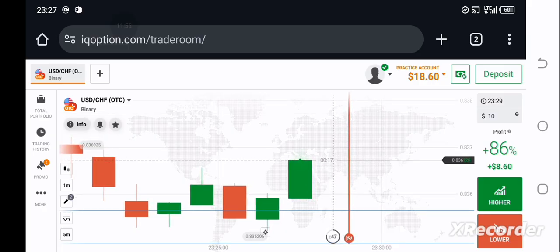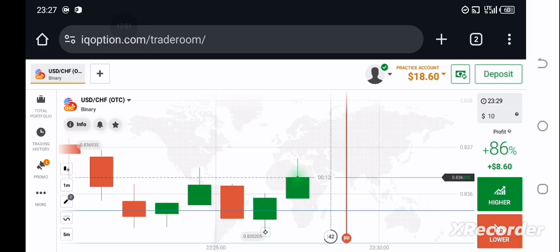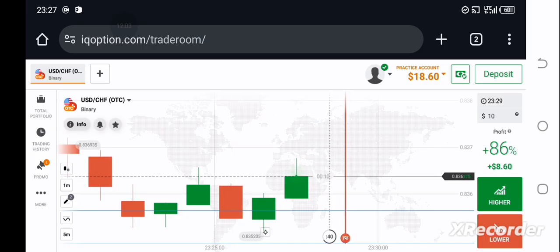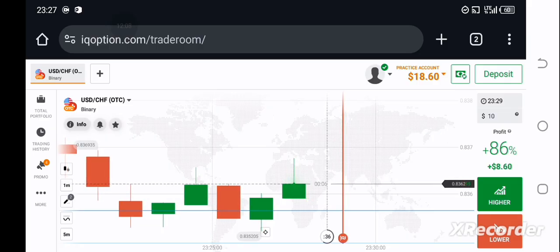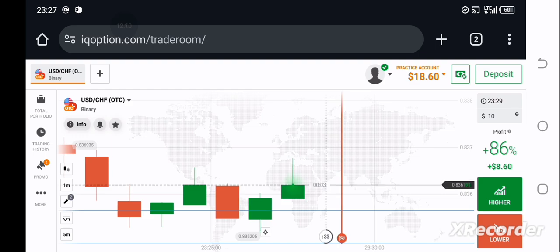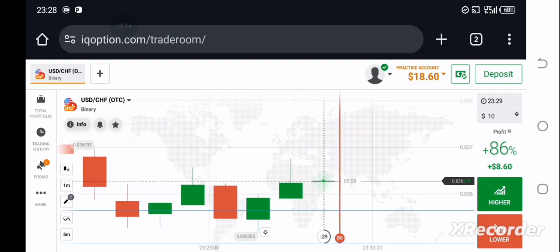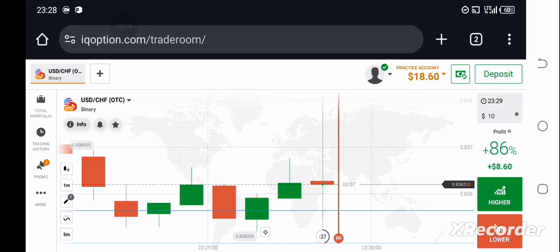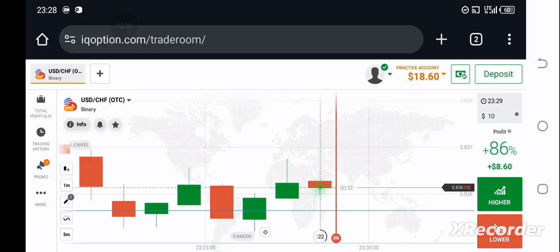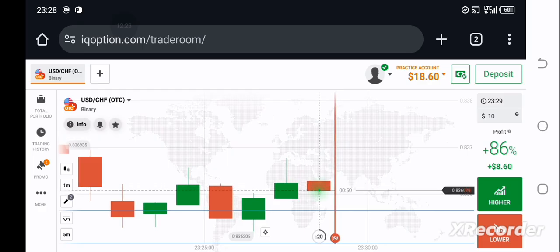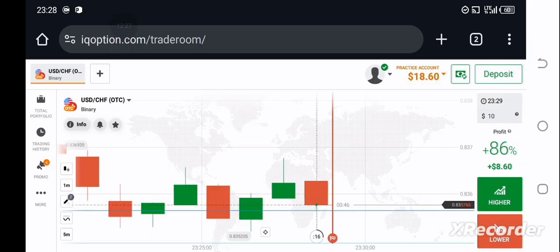But if you open the trade after the first 30 seconds, your trade will run till the next candle, because each candle must close after 1 minute. I just hope you are understanding this.